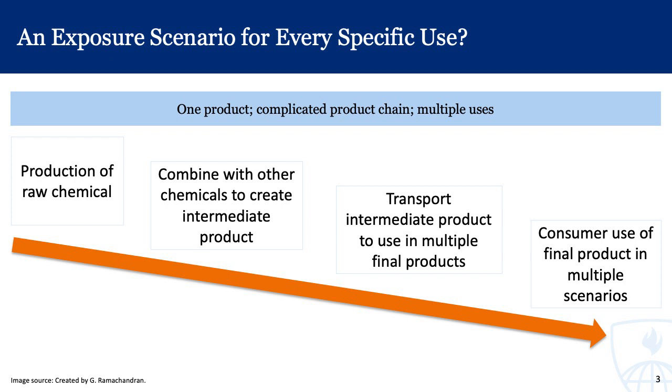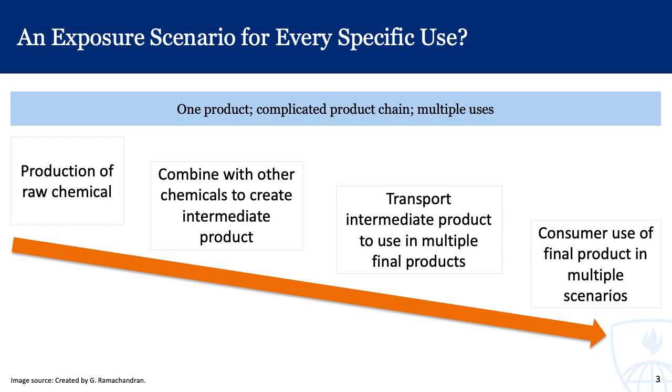We cannot possibly be measuring exposures through sampling throughout the life cycle of a product. It would be much more complicated than modeling. So, can we develop an exposure scenario for every possible specific use of a particular product and all the ingredients that go into making that product?